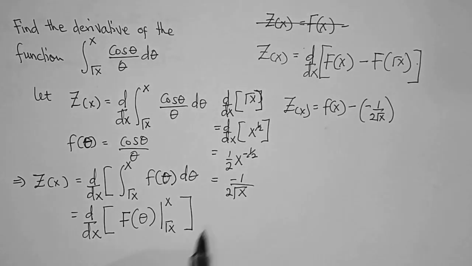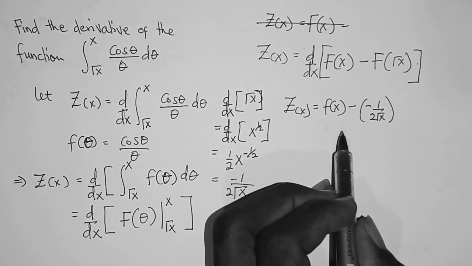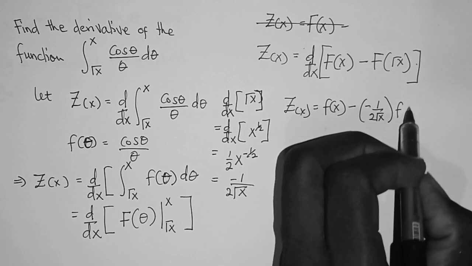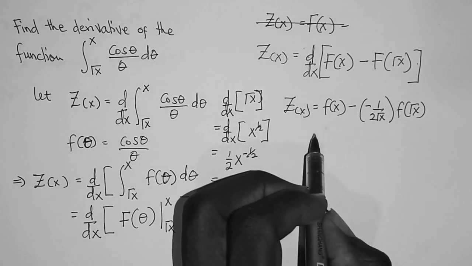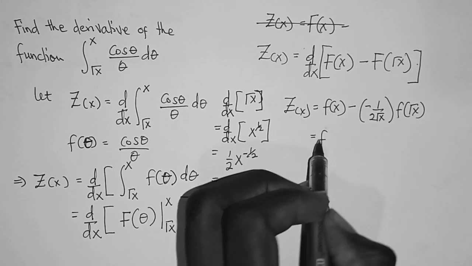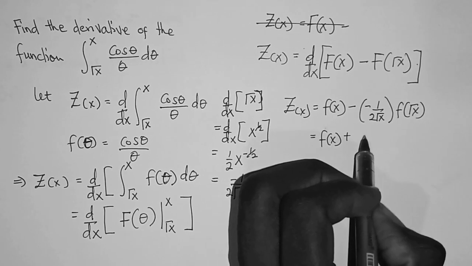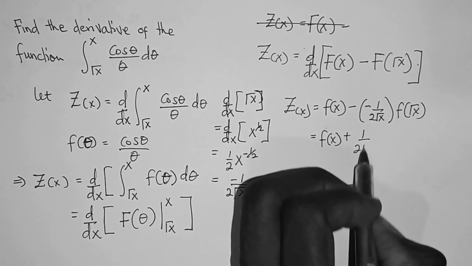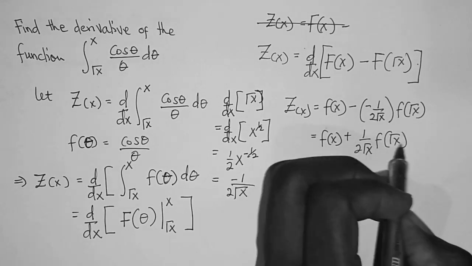And then if you differentiate the whole function, which is capital F of root x, you are going to get small f of root x. So this is equal to f of x plus 1 over 2 root x f of square root of x.